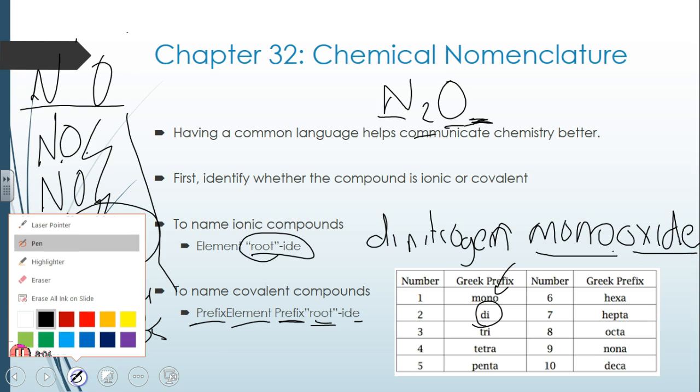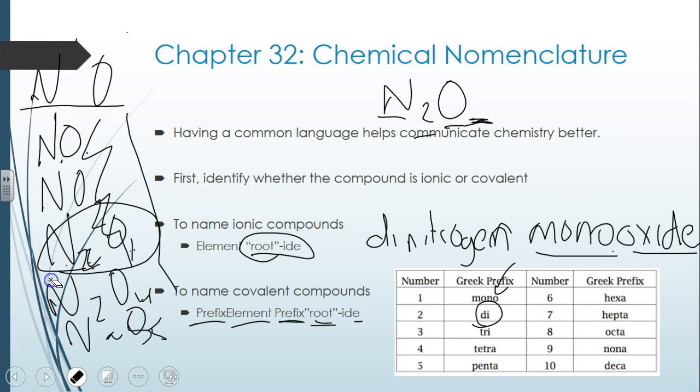So we don't pronounce it mono-oxide, we actually pronounce it monoxide, and then we shove it together as one word. If it sounds weird, you probably have to get rid of some of those letters because the prefixes shove it together.